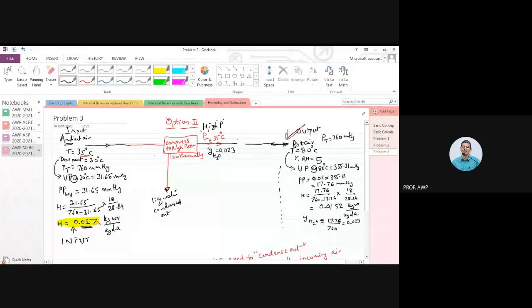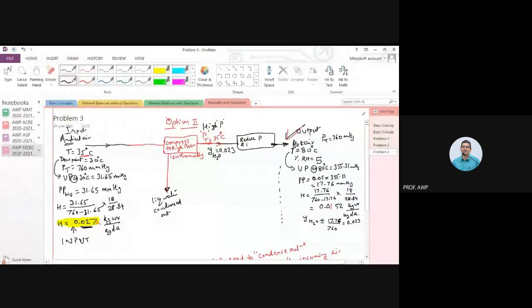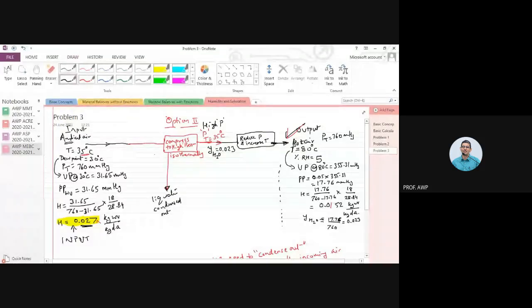Then we will do another step where we will reduce the pressure and increase temperature to 80 degrees centigrade, and then we will get our required air at 80 degrees centigrade having humidity of 0.0152 or percent RH of 5. Is that correct, Arya?